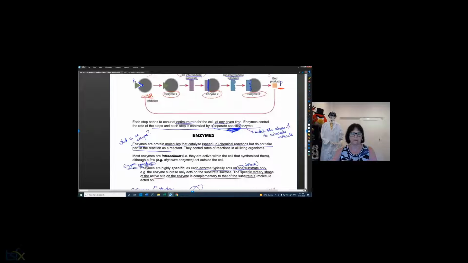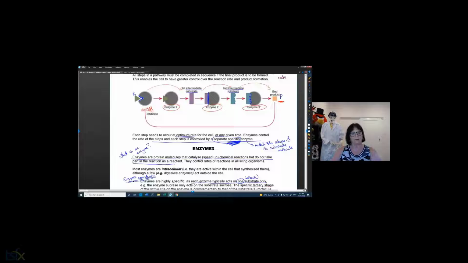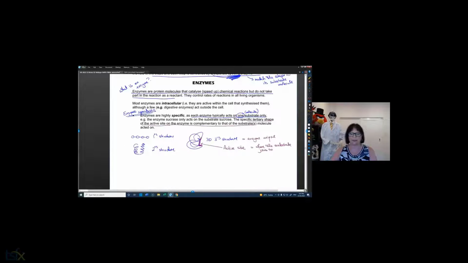So again, our green triangle substrate, the enzyme had the active site that matched, or complementary, same thing. The purple rectangle, the enzyme's active site matched that. And the blue one, the active site matched or was complementary. So this is what determines enzyme specificity, their shape.